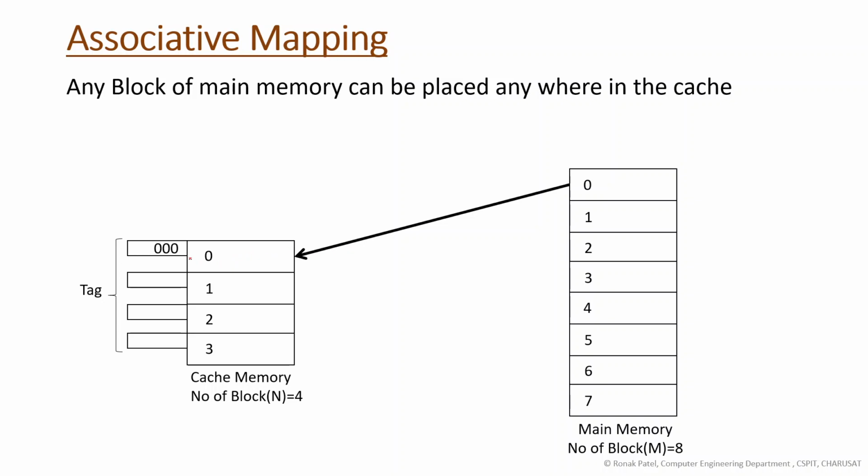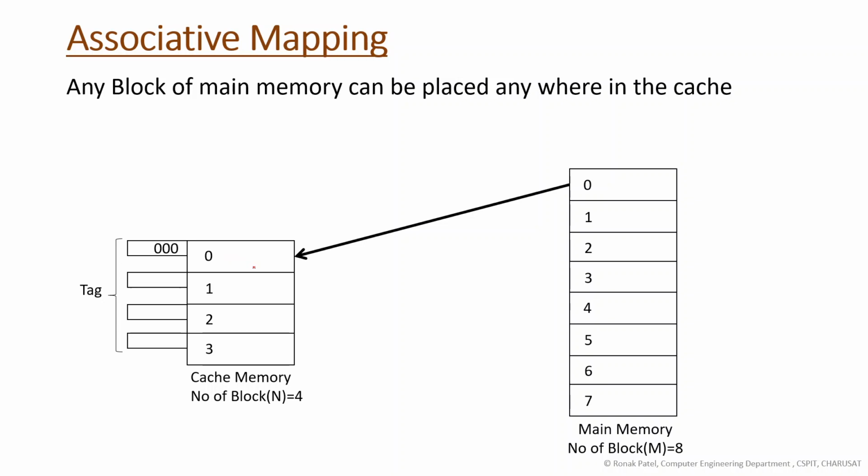The block can be present in any block. In the previous case, after the modulo operation, if this is the block where I can put my main memory block, then I need to check this tag only, and using this tag I can say whether that block is present or not.